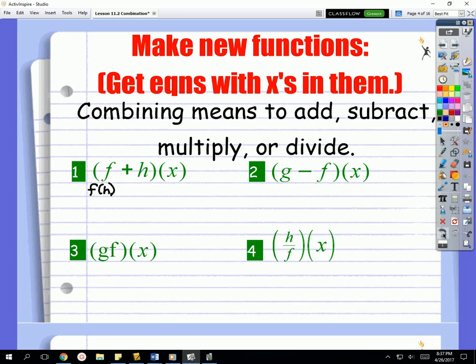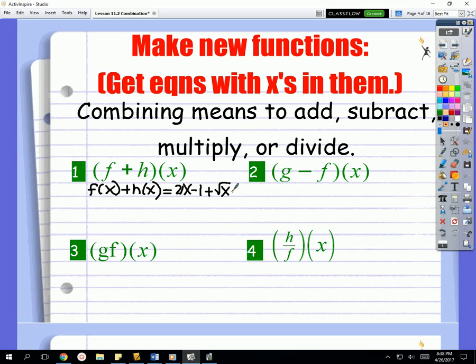Sorry about that. I just wrote the wrong thing. We're going to have to do f of x plus h of x. Okay? So if you look at your given information, do you see that the f of x equation is 2x minus 1? And then I'm going to add the h of x equation, and that's the square root of x.